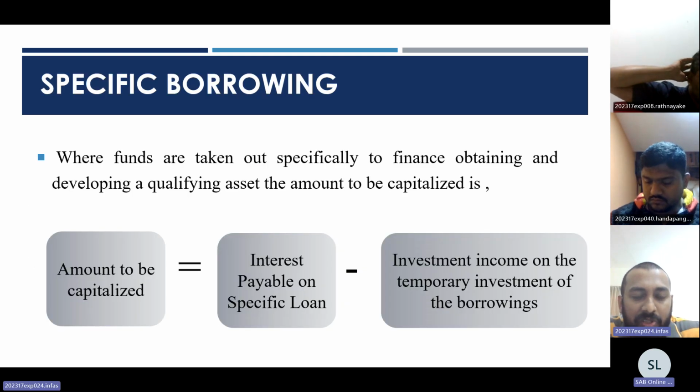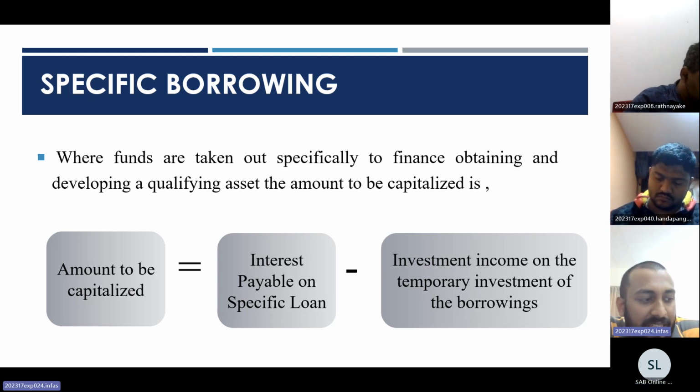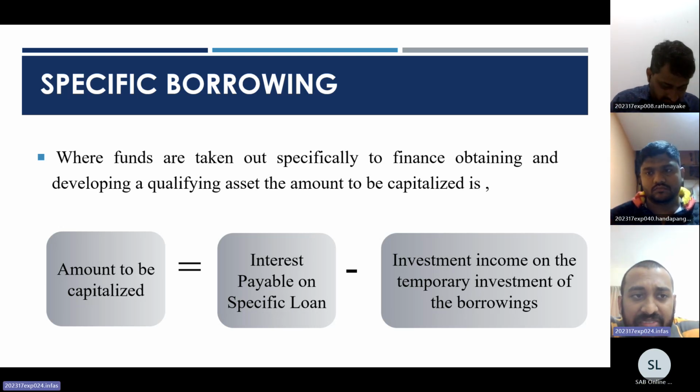When we come to specific borrowing, the company acquires an asset, for example, starts to build a building from a borrowing that they specifically borrowed for that building. When they capitalize, they take the actual interest paid for that specific loan.